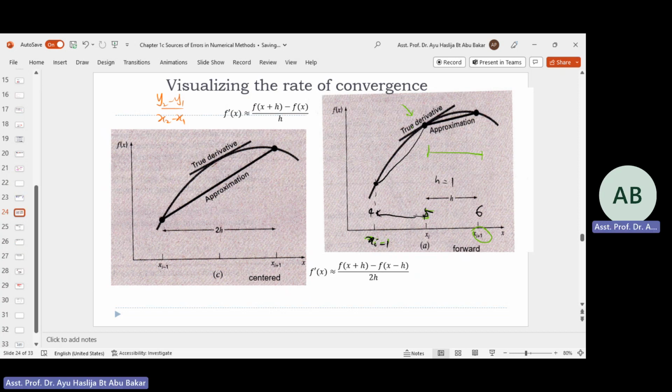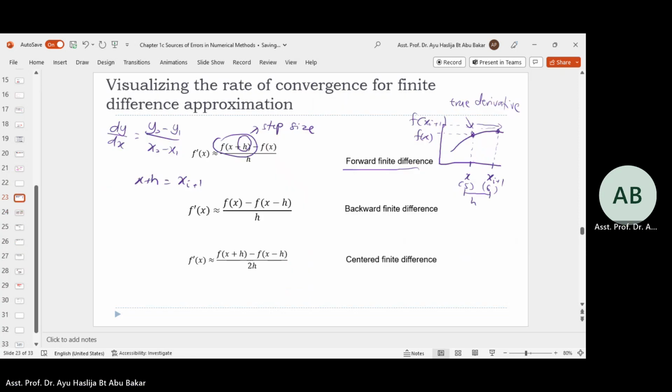How is the equation for backward? f(x) minus the backward one, the previous, over the h. For the forward one just now, let's say f6 minus f5 over 1.